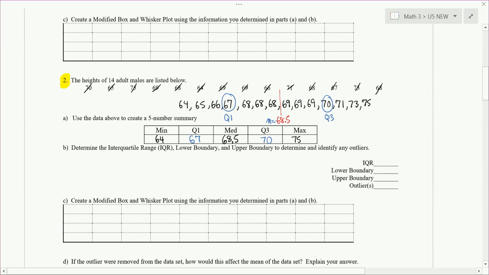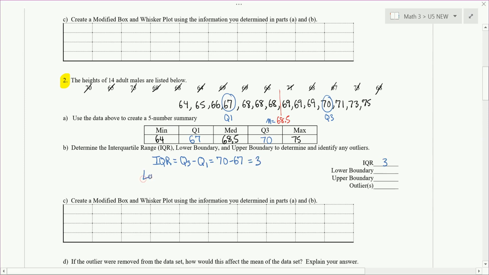Next we want to determine the interquartile range, or IQR, the lower boundary, and the upper boundary, to identify any outliers. The IQR is defined as Q3 minus Q1. So that would be 70 minus 67, which is 3.